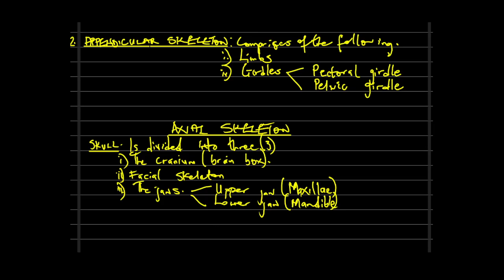Like we listed earlier, we have a total of about 206 bones in the adult human. In the axial skeleton, the skull alone, we have about 8 cranial bones. Let me put this here so we will get the number of bones.